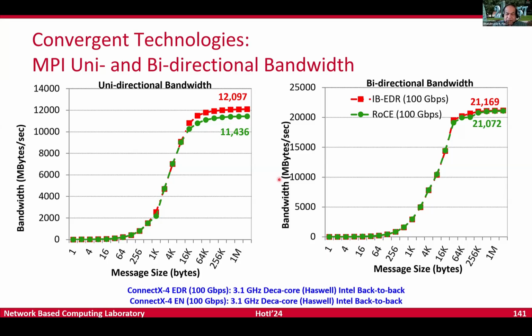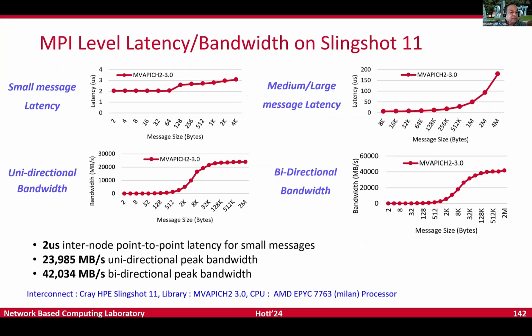There was a question here. The question is, would you happen to have these curves, but plotted on an orthogonal axis with respect to the number of processes involved? Yes, we do have charts for collectives, but not on these slides. If you go to the MVAPICH website under performance, we have a detailed set of numbers there.